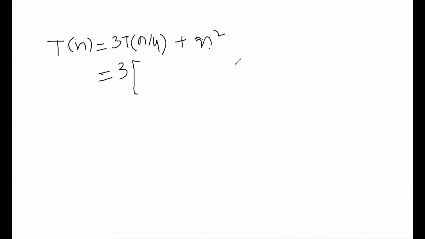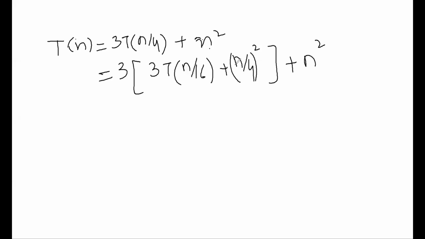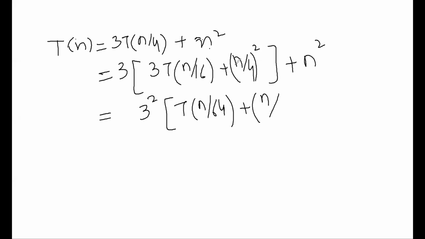This is 3 times (3T(n by 16) plus (n by 4) square) plus n square. Again, just write 3 square T(n by 64) plus (n by 16) square.